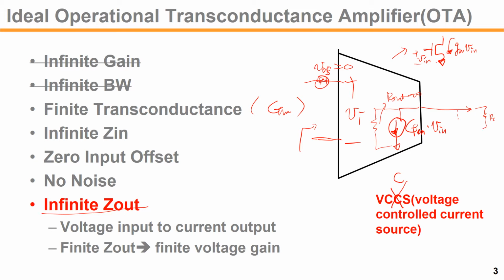So voltage gain can be defined out of this OTA, considering the load condition. The voltage output V out would be minus GM times V in times R out in parallel with RL. So if we know that load condition, we can get the voltage output, thus we get the voltage gain.